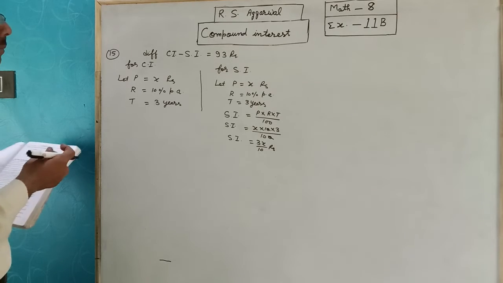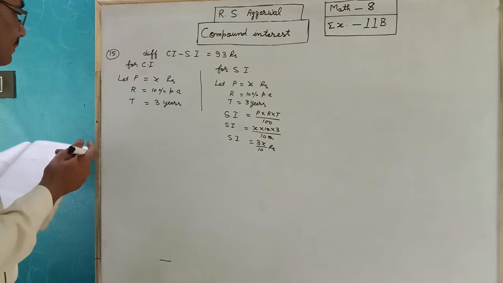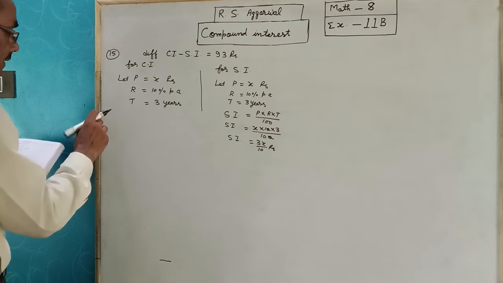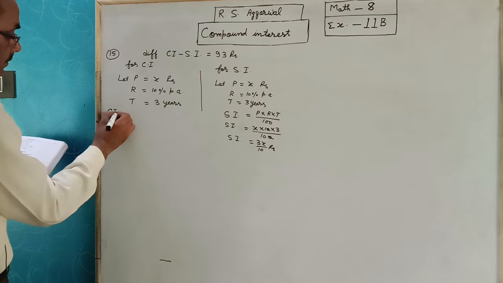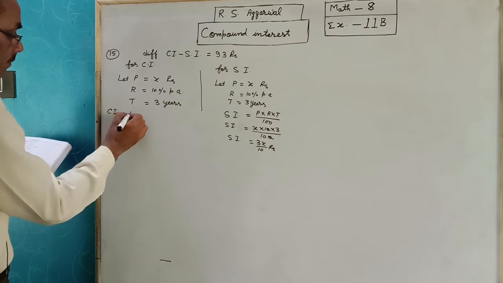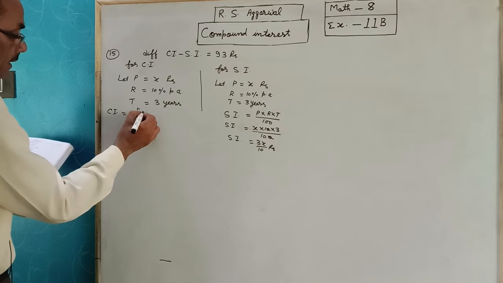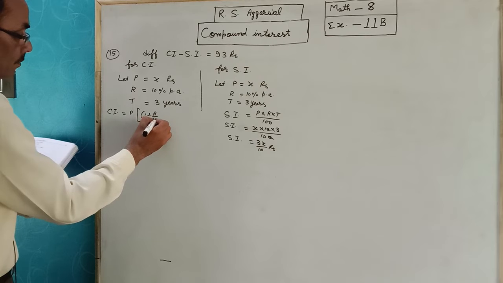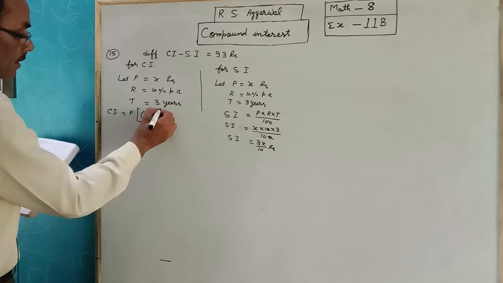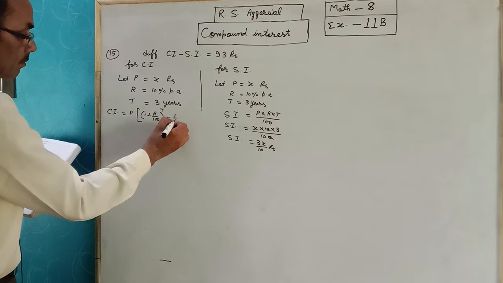Let the P is equal to x rupees. Now we find the CI. CI will be P bracket 1 plus R upon 100 power T minus 1 upon 1.